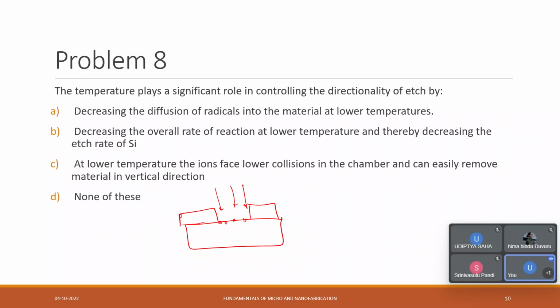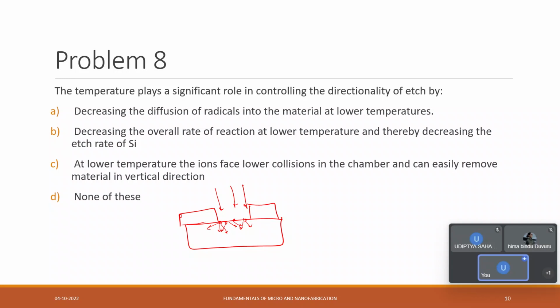With increase in temperature, they start diffusing, and diffusion is not a directional phenomenon. These things can diffuse in any of the ways, and that is not something that we can control.